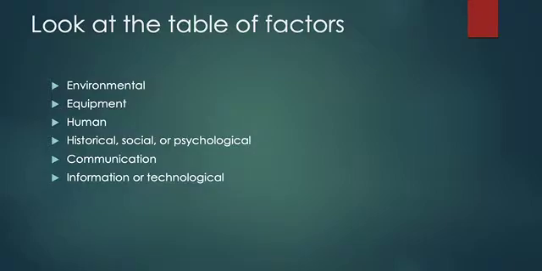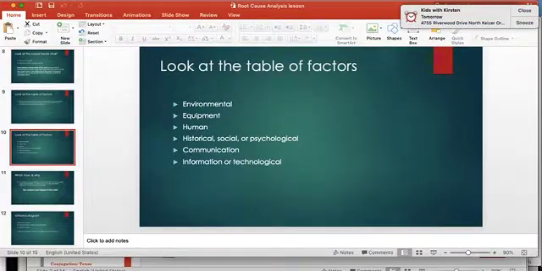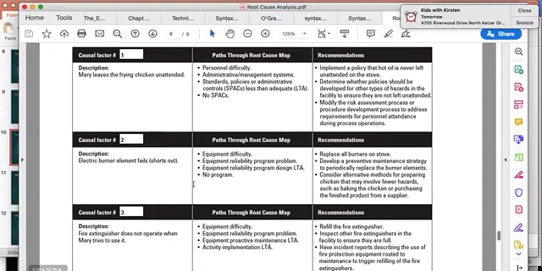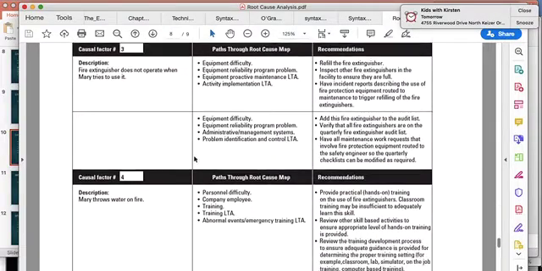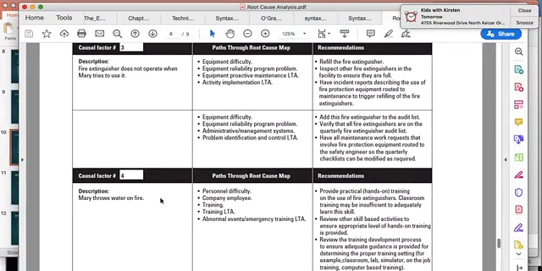Historical, social, or psychological, these factors are really, really important. And they're very difficult for students in general to identify. But think about Mary, where she throws water on the fire here. So this is a human factor.